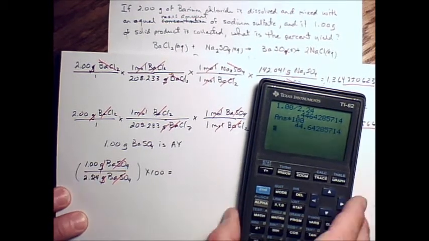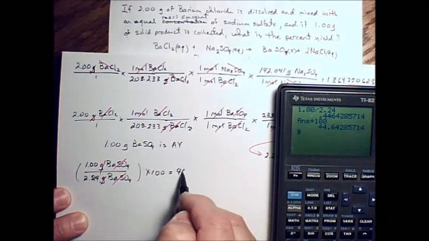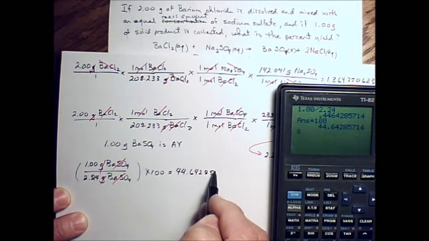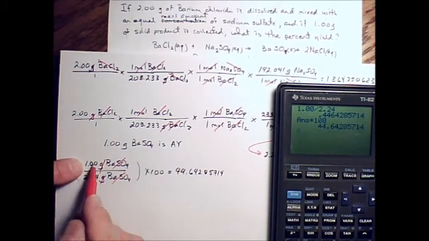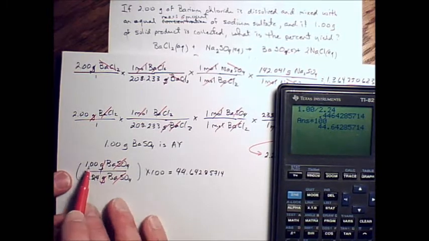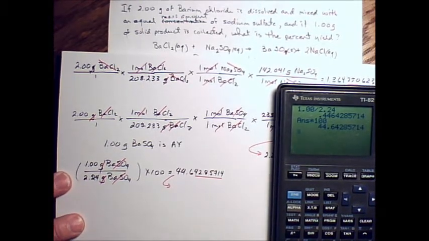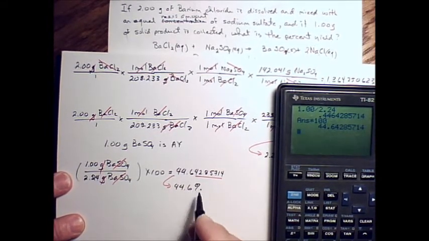Okay? And we get 44.64285714. We need to round that off again. Both these numbers have 3 digits. This is a calculated number here. That's a measured number. So we round that off, and we get 44.6%.